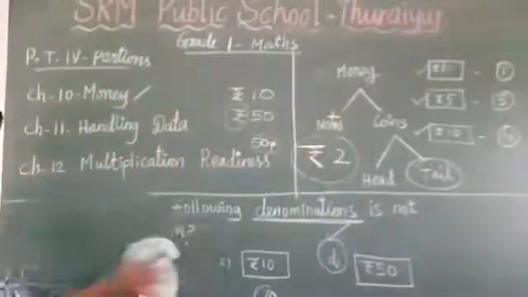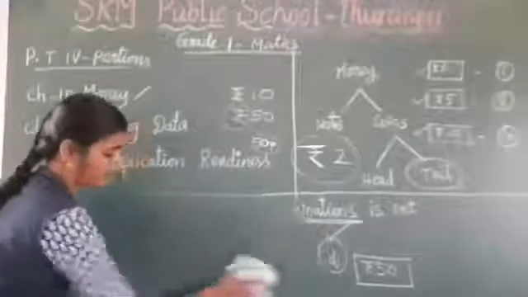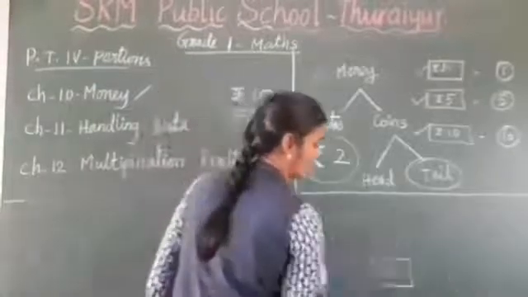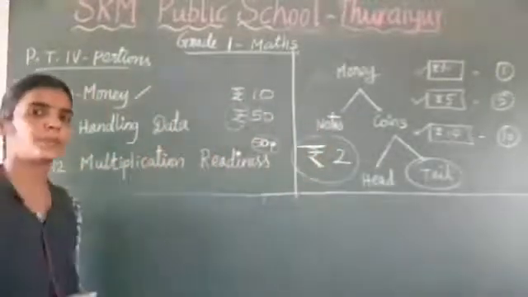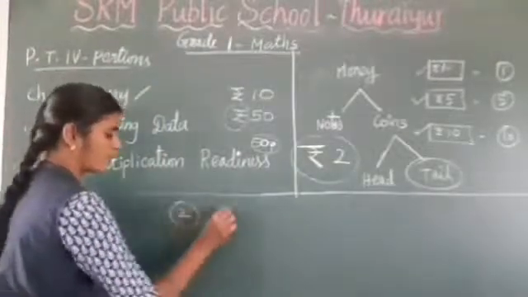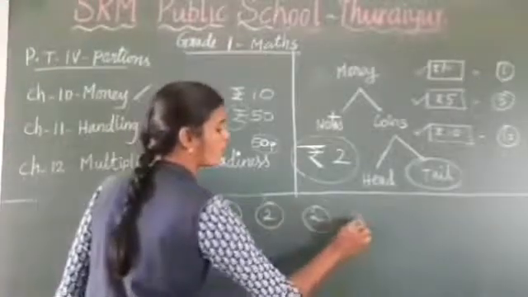How did you count? Using skip counting. If there are coins of the same value, it is very easy for you to add and tell the answer. If you have 5 coins of 2 rupee, how did you add? 1, 2, 3, 4, 5.